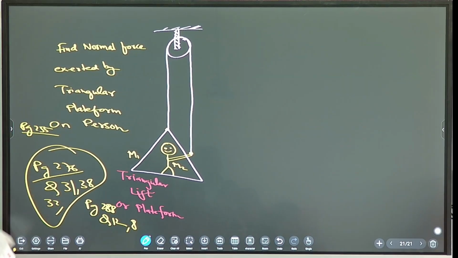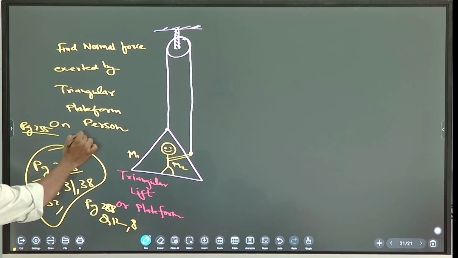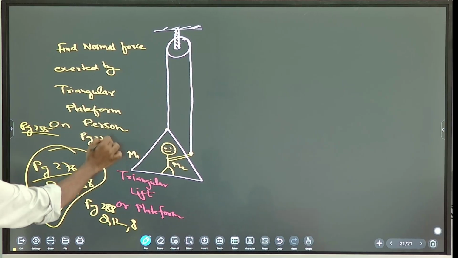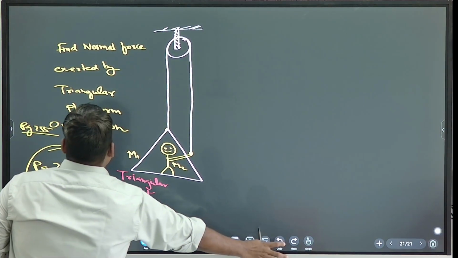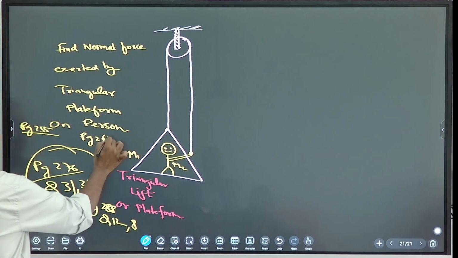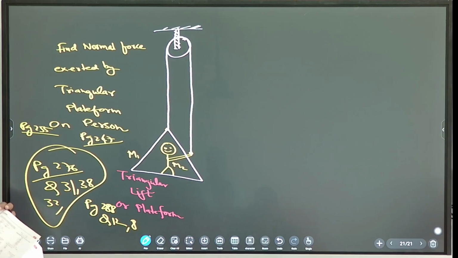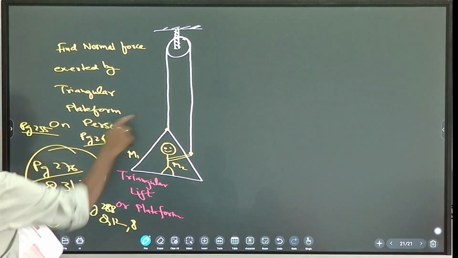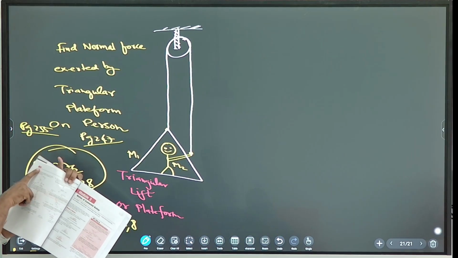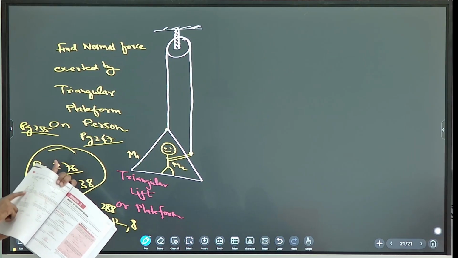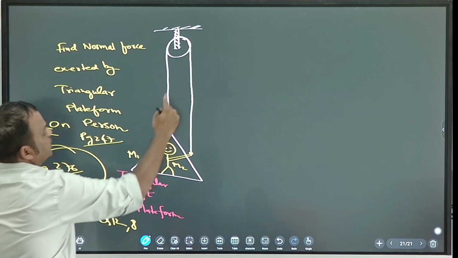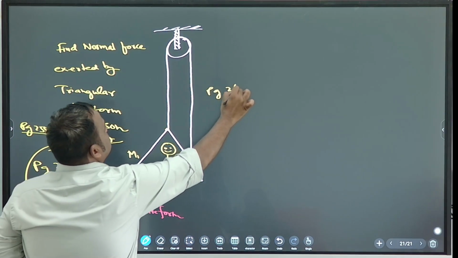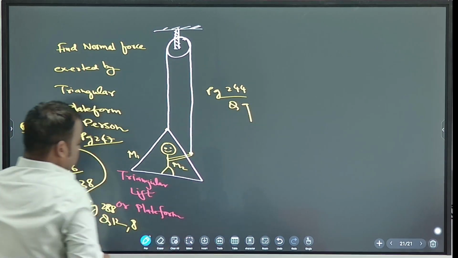Three blocks, vertical motion, page 247, solved examples. Now this question here is given: page 244, question 9.